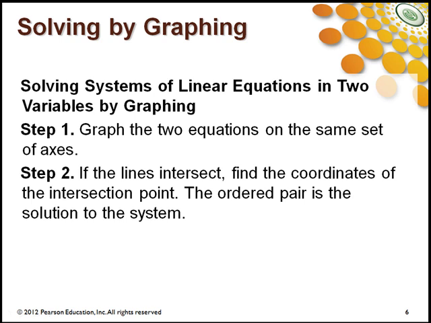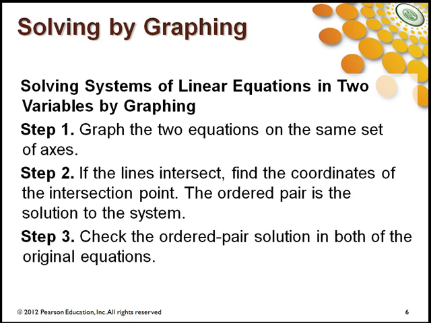The solution is the ordered pair, with x and y. And third, we go back and check the solution in both of the original equations, to make sure everything looks good. These are the three steps for solving a system of linear equations in two variables by graphing.